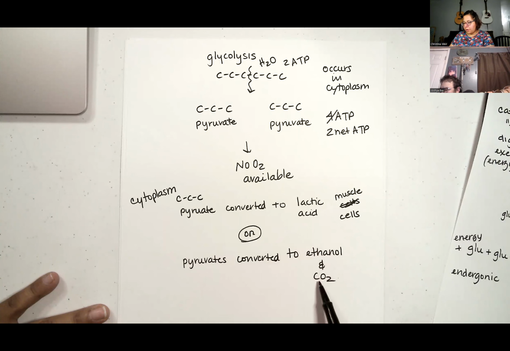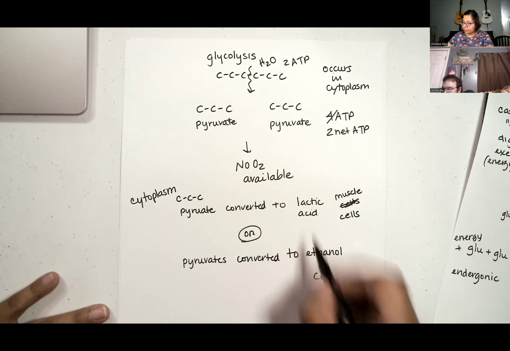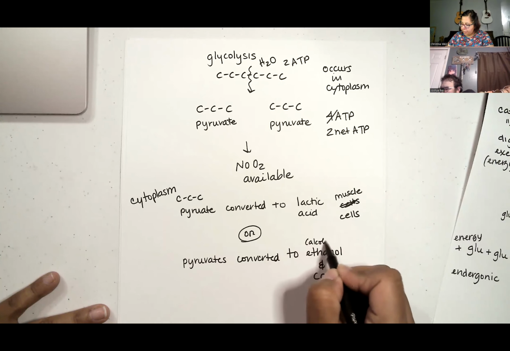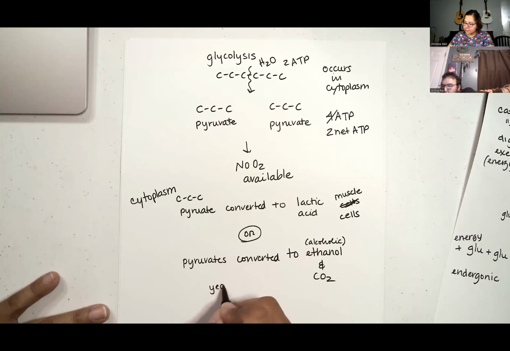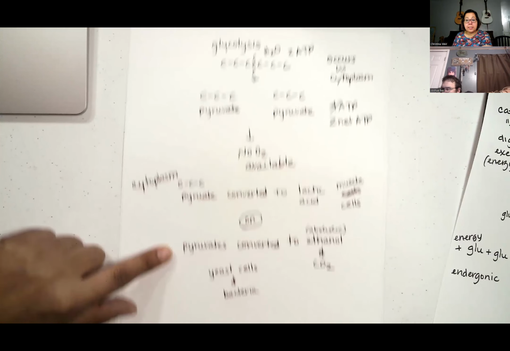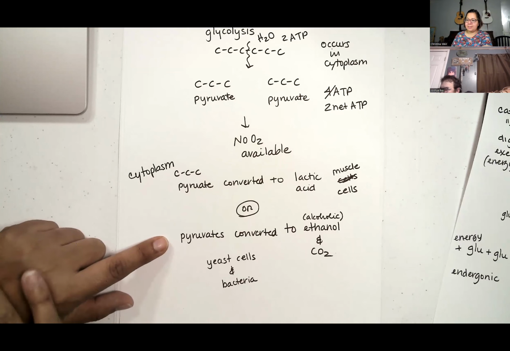Who undergoes ethanol or alcoholic fermentation? Ethanol, that's the type of alcohol that you drink. Well, yeast cells and also certain bacteria. Alcoholic fermentation using yeast is big business.